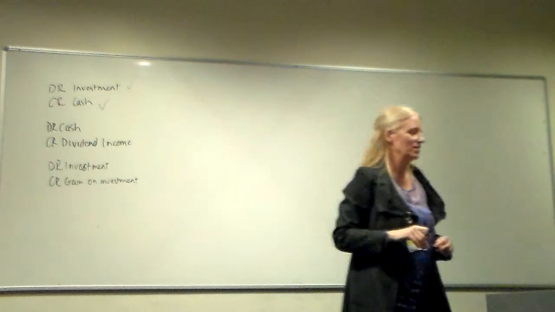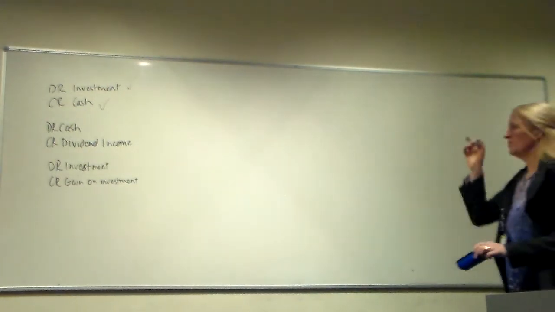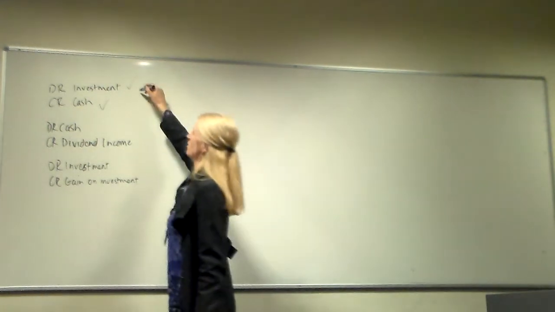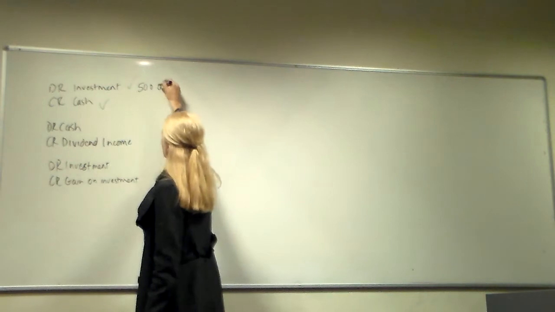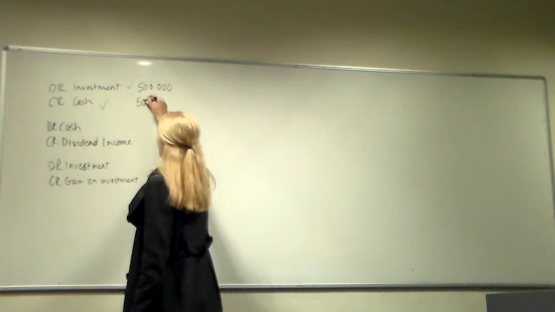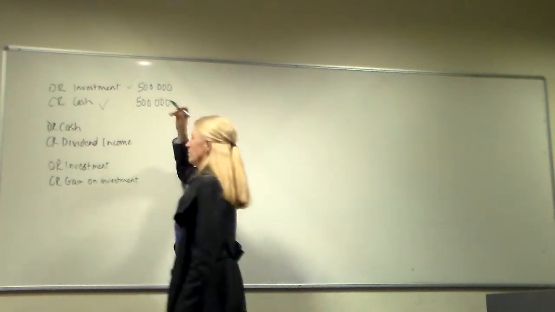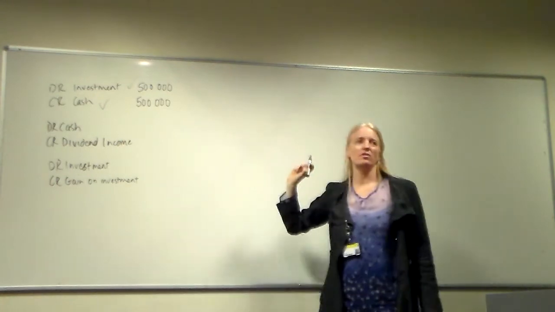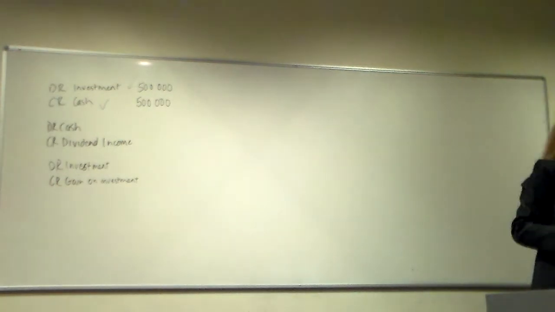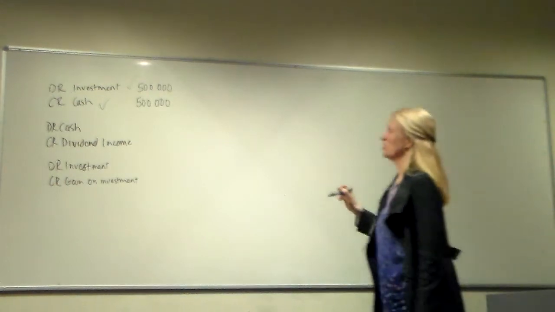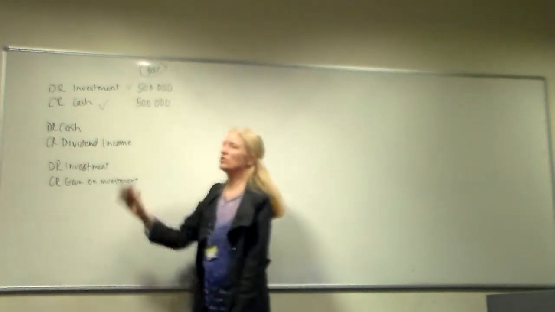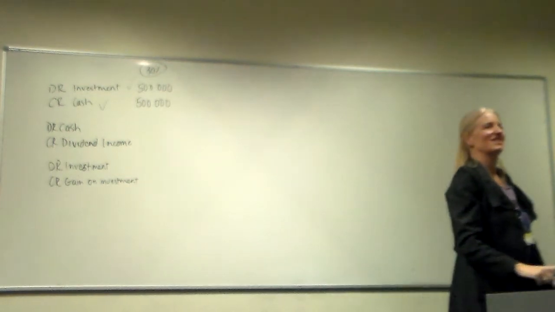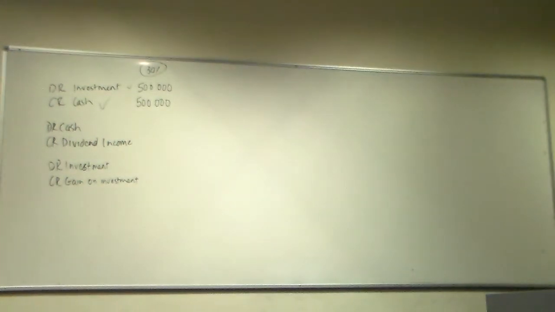So for example, let's say you purchase an investment for 500,000. The company that you've purchased, let's say you purchased 30%. So generally you have between 20% to just under 50% to have an associate.